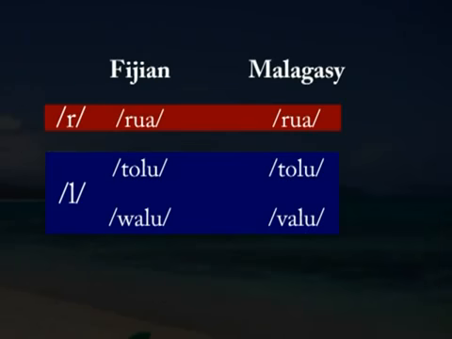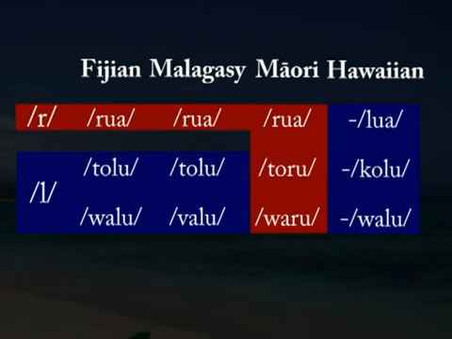What's even more important is that these languages are consistent in their distribution of L and R. So it's reasonable to suppose that this distinction was also made in the common ancestor language that's the parent of the Polynesian languages we're evaluating. Based on this evidence, we'll reconstruct the numbers 2 and 3 this way. We can then conclude that some of the daughter languages changed all instances of L's and R's to R, and other daughter languages changed all instances of L's and R's to L.